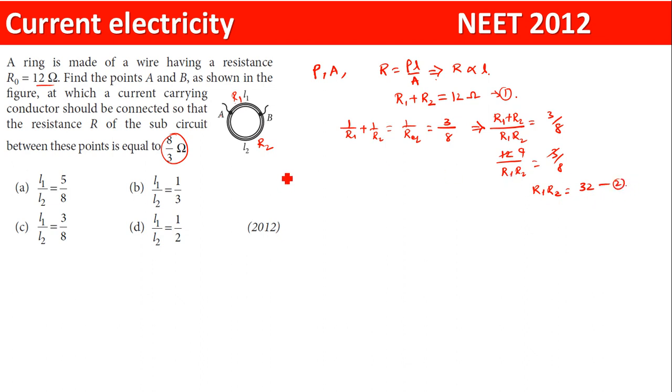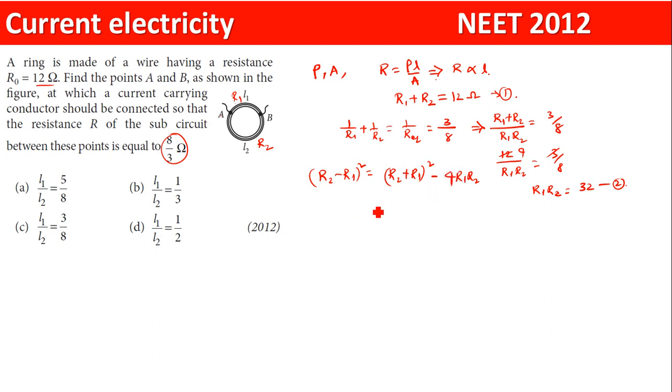Now let us take R2 minus R1 whole square, which is equal to R2 plus R1 whole square minus 4 R1 R2. It's like (A minus B) whole square can be expressed as (A plus B) whole square minus 4AB. I hope you know it.